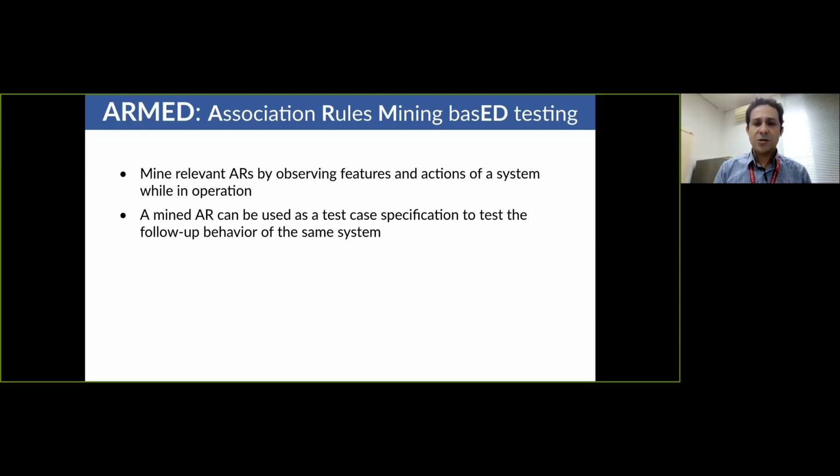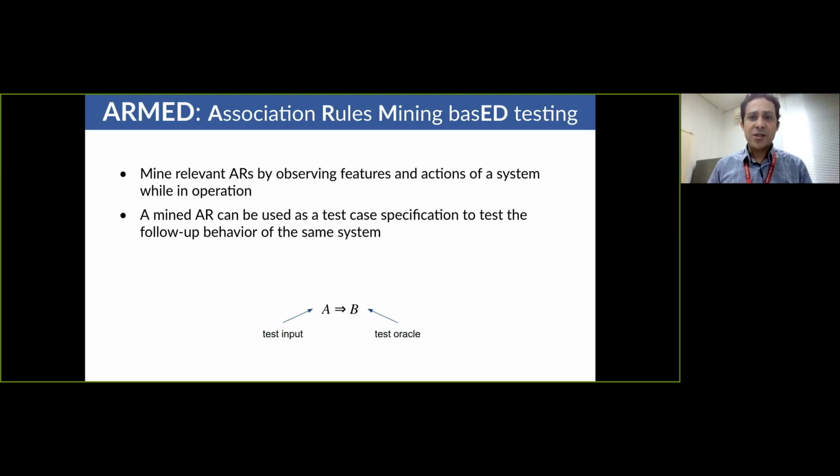The idea behind armored testing is simple. We mine relevant association rules by observing features and actions of a system while in operation. Then, a mined association rule can be used as a test case specification to test the follow-up behavior of the same system. An association rule expresses an implication such as A implies B, meaning that if we observe A, then it's likely that B will also be observed.